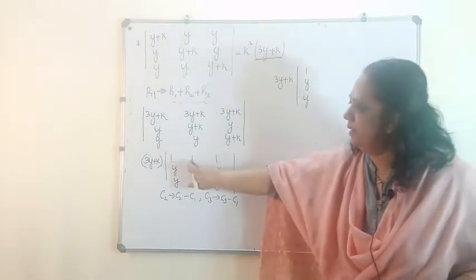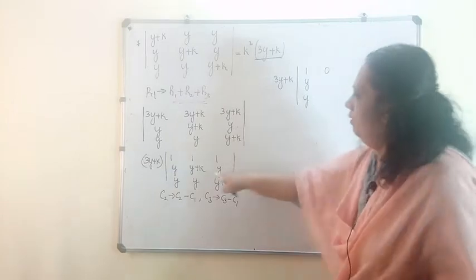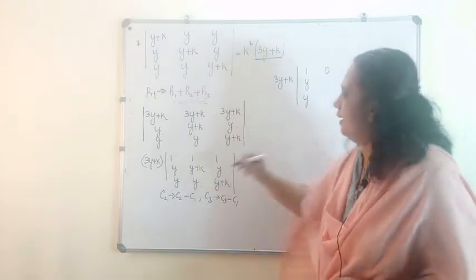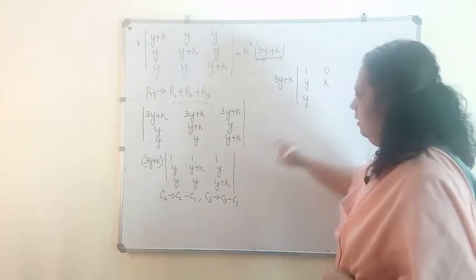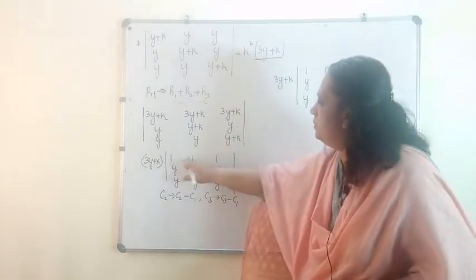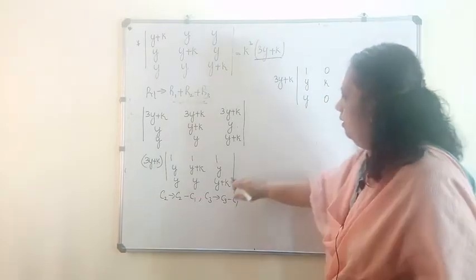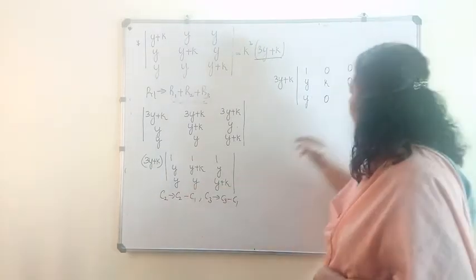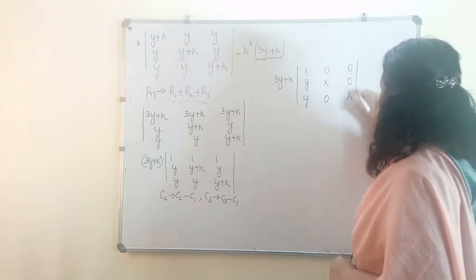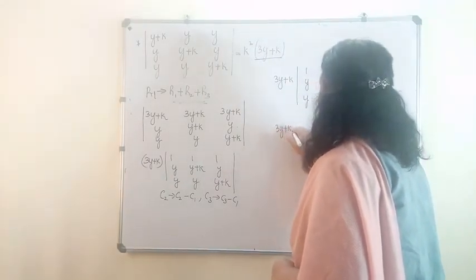What about here? 1 minus 1, 0. Y plus k minus y, k. Y minus y, 0. Next one, 1 minus 1, 0. Y minus y, 0. Y plus k minus y is equal to k.